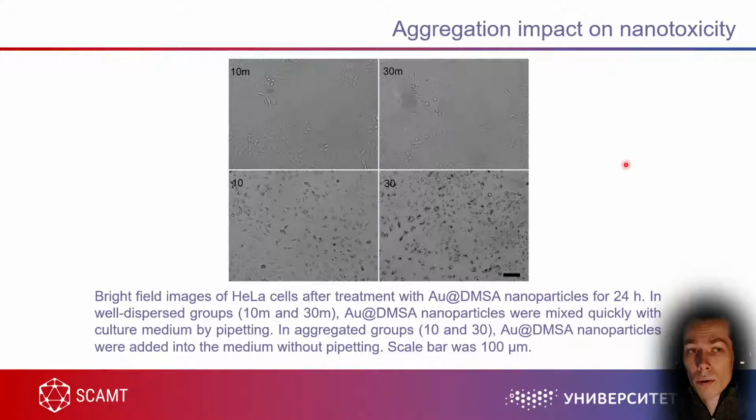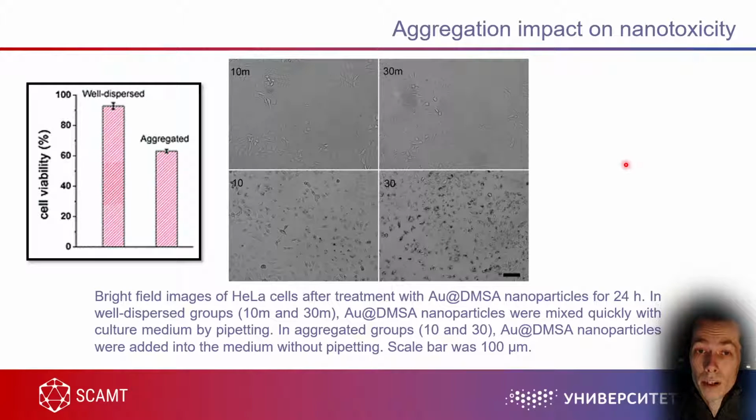But what about non-aggregated and aggregated toxicity? Aggregated particles have a bigger toxicity, so cell viability will decrease, maybe not very much. As you can see, it's like 90%, then 60%. So the difference is only like 30%, not like 90 and 0.